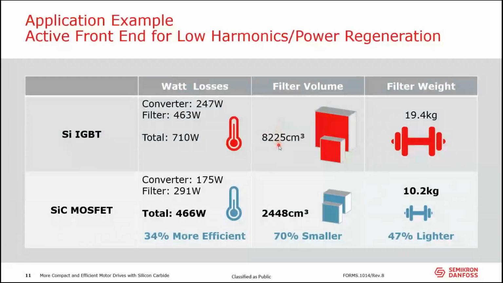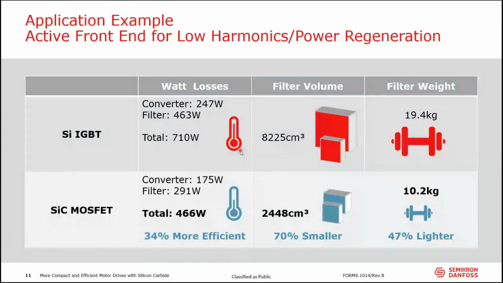And if I go to the silicon carbide solution with 20 kilohertz carrier frequency, we have only 2,448 cubic centimeters, which means the volume goes down by 70%. That's quite something. And then, of course, naturally, if the volume goes down, you see on the last column here that the weight also goes down. We have almost 50%, 74% lighter filter components here compared to the silicon solution.